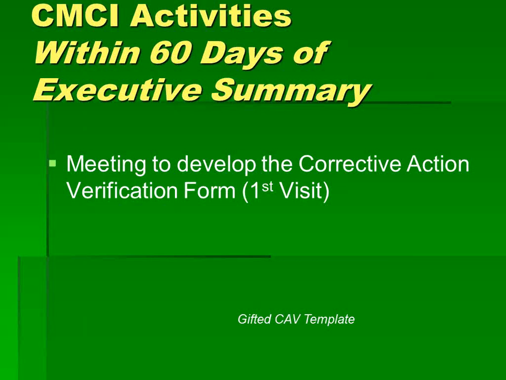So, for instance, you might be cited in the area of personnel because you did not do adequate staff development with your staff about gifted education. Or it might be dual exceptionalities because your students with dual exceptionalities did not have one document including all of the major components.